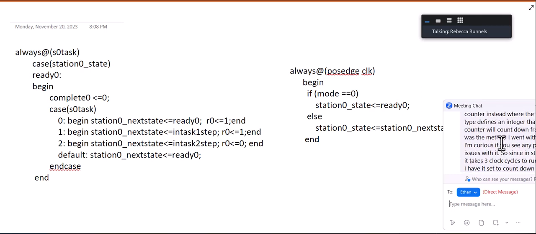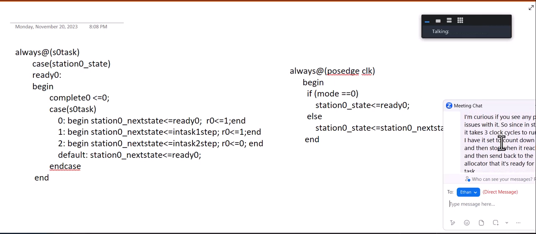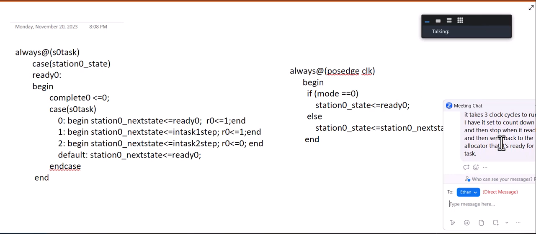Let me see. So the task type defines an integer that the counter will count down from. Oh, I see. Yeah. No, I don't see an issue with that.